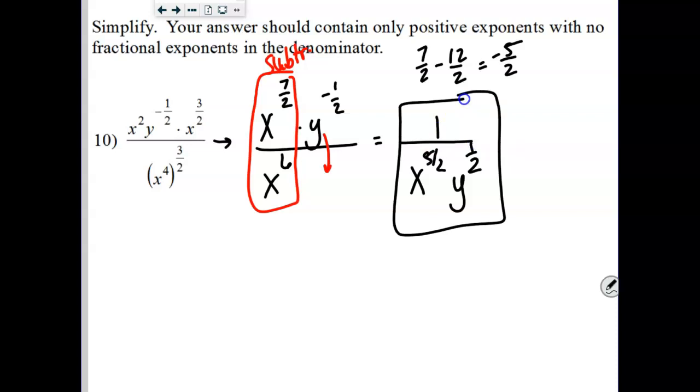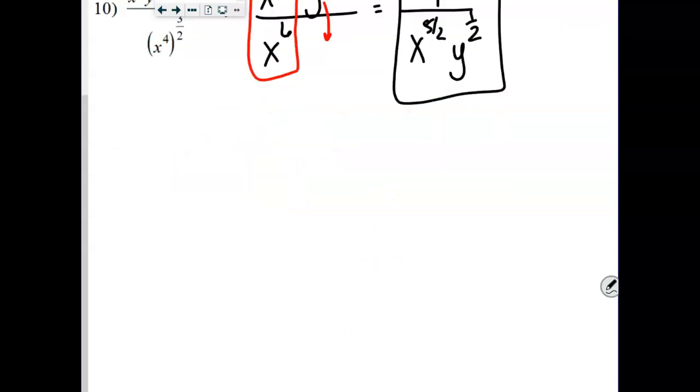And in Algebra 2, they were like, beautiful. That's so good. And then in PreCalc, you're like, oh, we're not supposed to have this. So we're not done. Here's what we're going to do. We're going to take our work down here, and I'm going to space it out a bit. I'm going to say x to the 5/2, but I'm going to multiply him by something. I'm going to call it the blue thing.